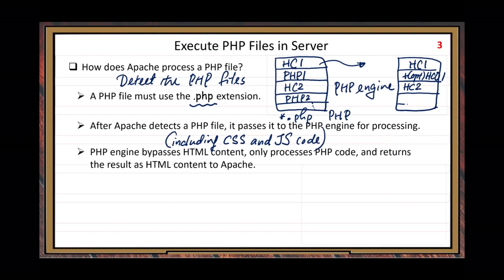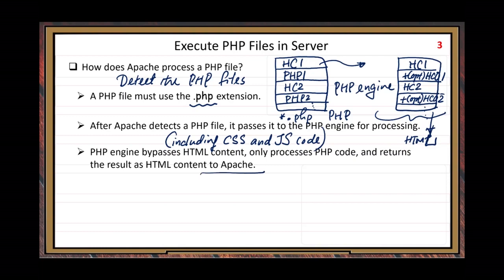Then this part is also optional, because you may or may not generate HTML output 2, and so on. So that's the structure of the typical output from the PHP engine, the whole thing. That's HTML content.